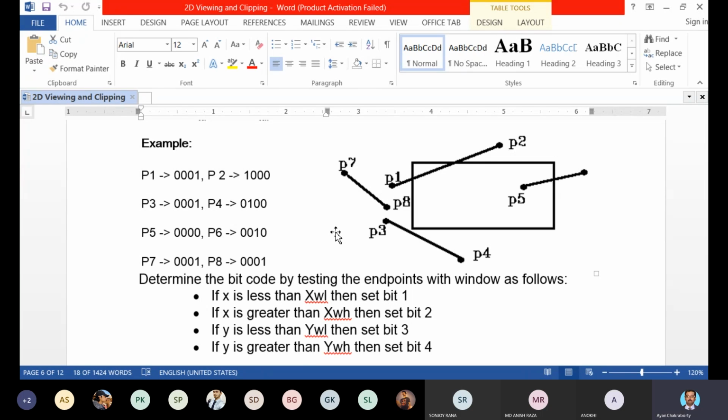This rectangular clipping area is our central region as per the logic of the Cohen-Sutherland algorithm, and this area has been denoted by the region code 0000, 4 zeros. Now there are 4 lines. We have to find out which line will be completely visible, which line will be completely invisible, and which line will be partially visible. Okay, so let's see.